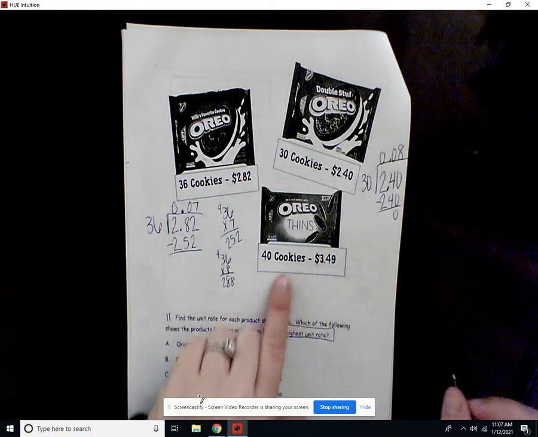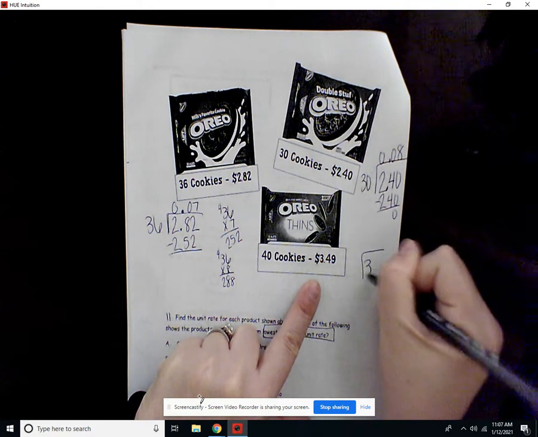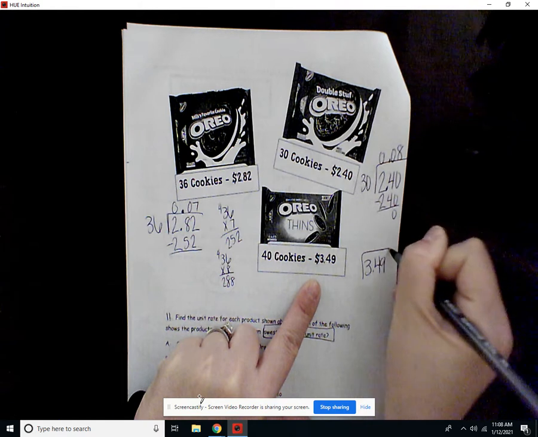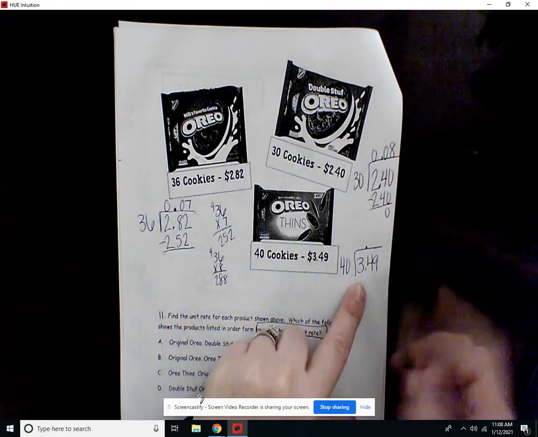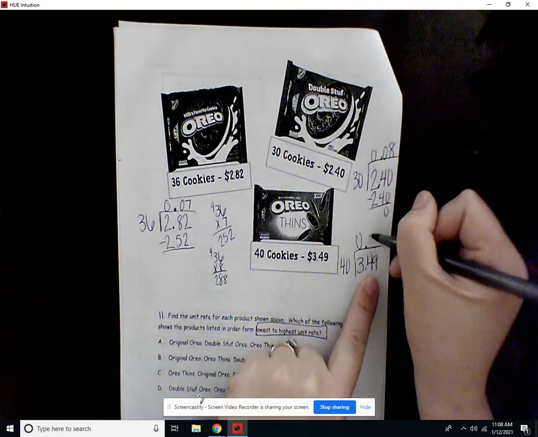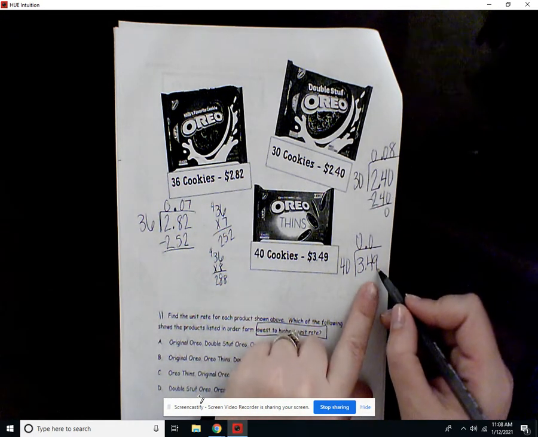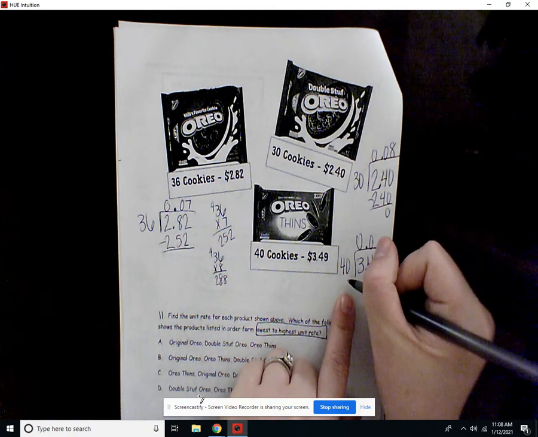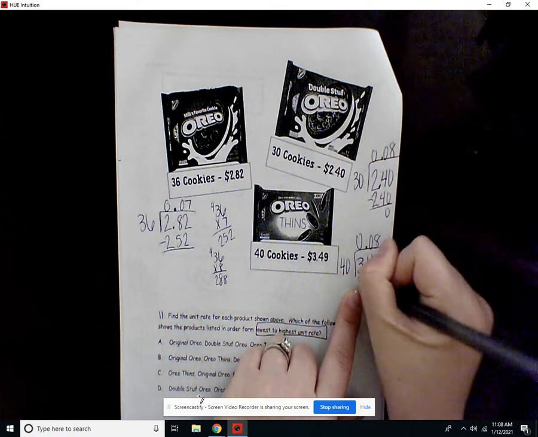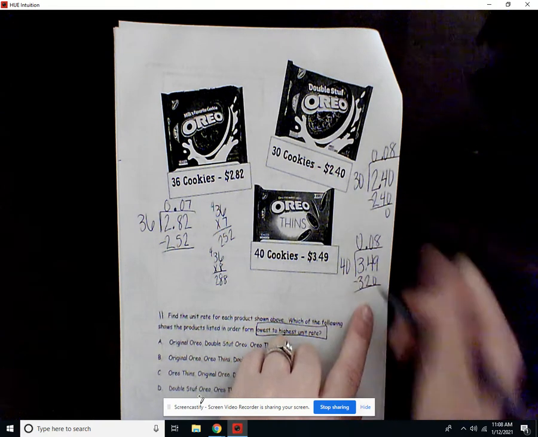And then we'll do 40 cookies, so 349 on the inside, 40 on the outside. So 40 can't go into 3, 40 can't go into 34, but it can go into 340. It is going to go in there 8 times, which is 320.